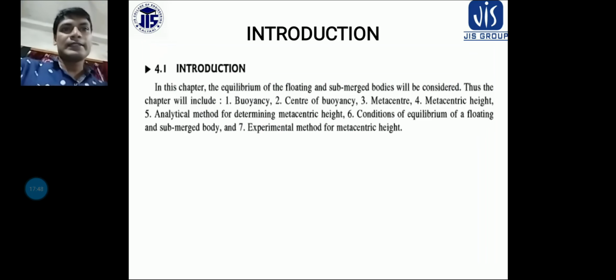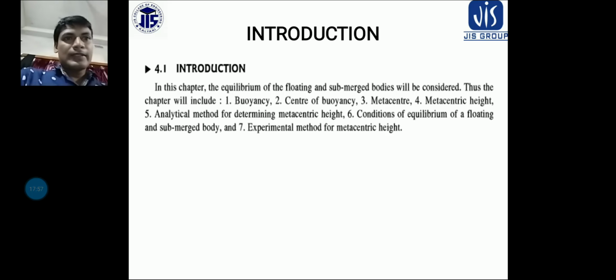Next topic is your buoyancy and flotation. So it is also included in your module number 2, so that is why we have to study it here. Okay, so basically in this chapter, buoyancy and flotation, the equilibrium of the floating and submerged bodies will be considered.